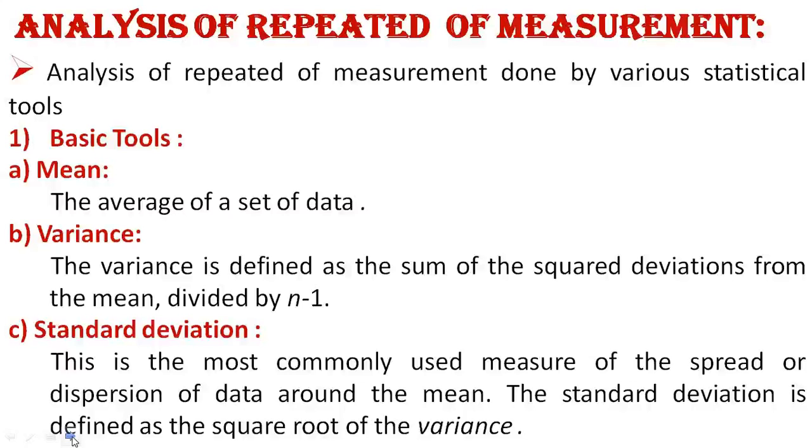Second is the variance. Variance is defined as the sum of the squared deviations from the mean divided by n minus 1. The next statistical tool is the standard deviation. This is most commonly used to measure the spread or dispersion of the data around the mean.